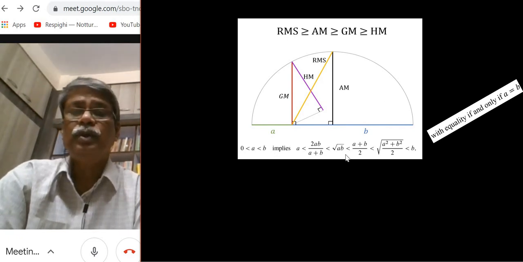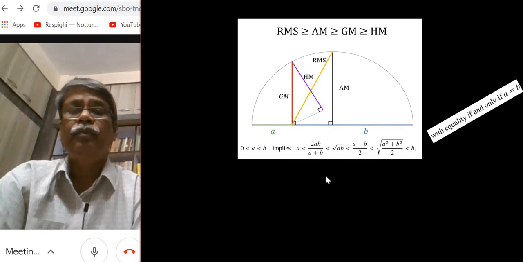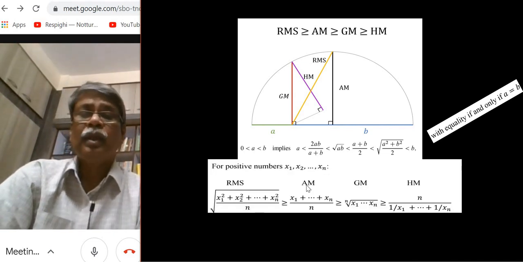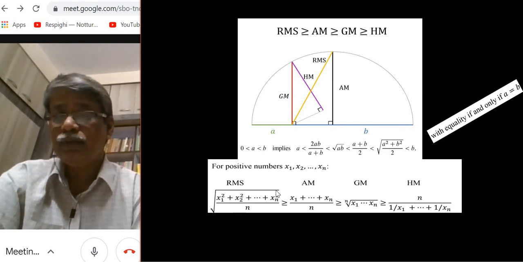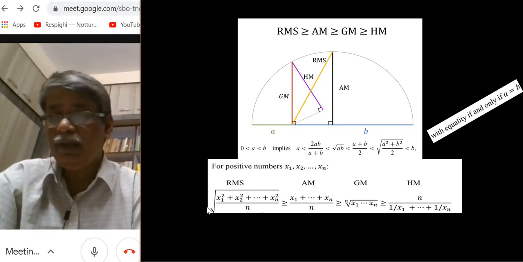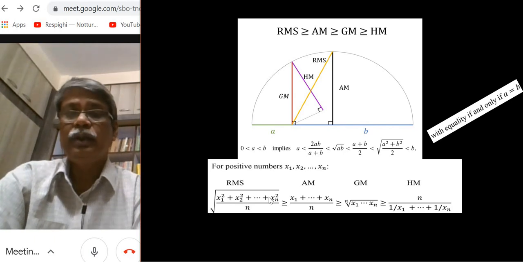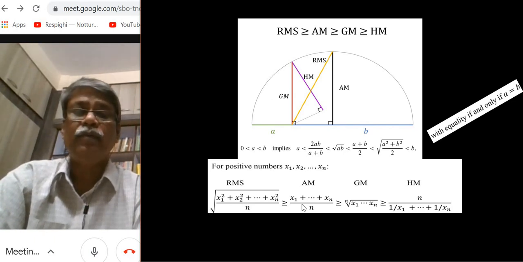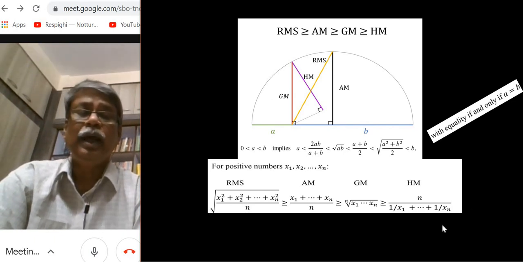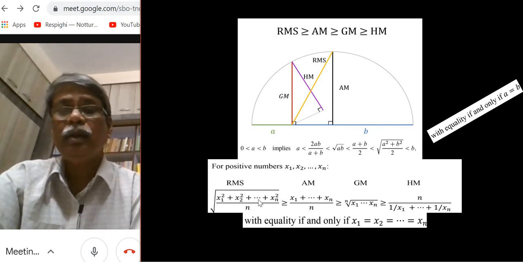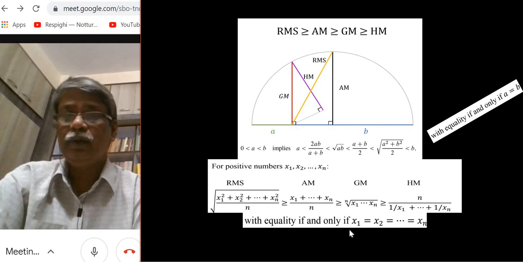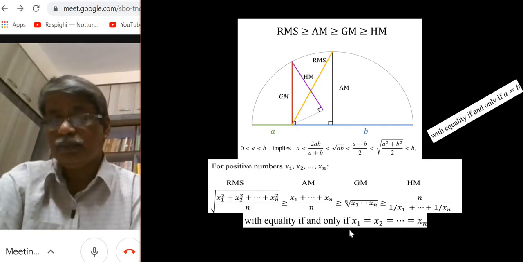So this is the order of all four means. And you do not have to consider only two values. You can take in principle any number of values, say n. In that case the definition of the average looks like this, and the order remains the same. And again all the means are equal only if all the values are themselves equal.